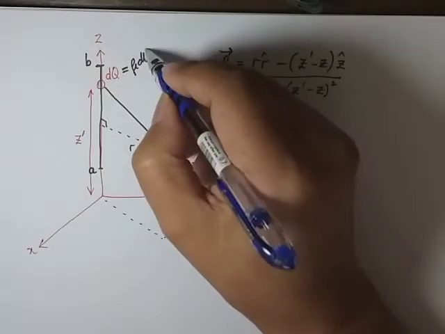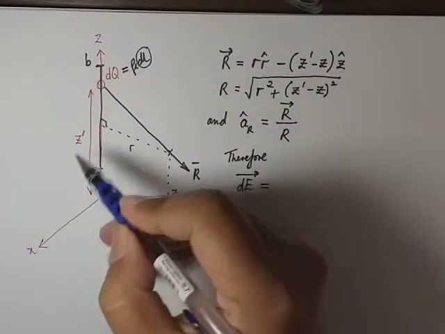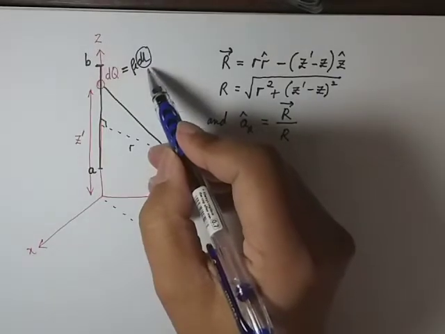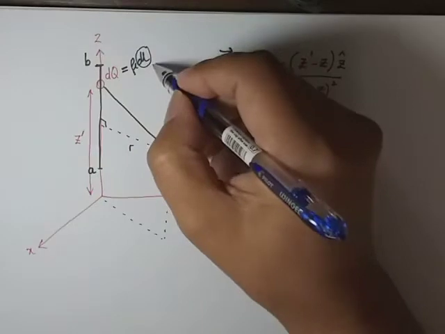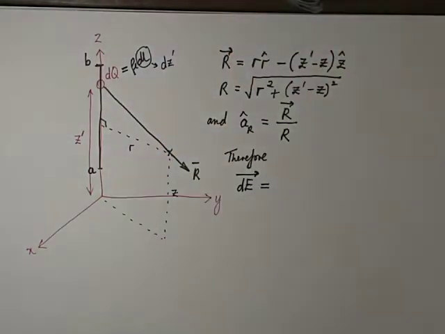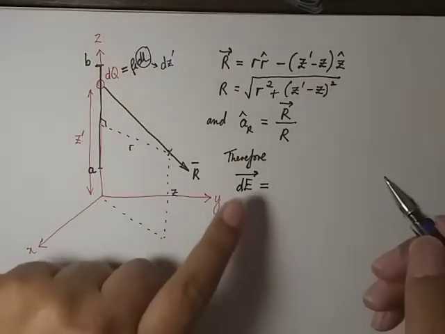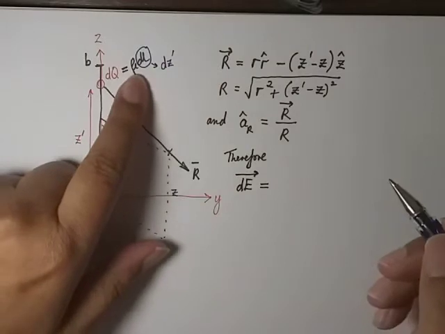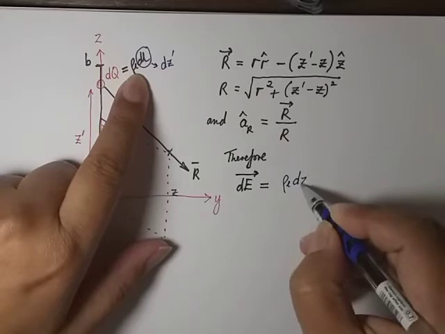And the dl here must link to this symbol, so this small length of this particular variable. Therefore, the dl must be represented by dz prime, because that represents the sample length and is linked to the height of z prime. So now my dE must take in this particular term, rho L dz prime.